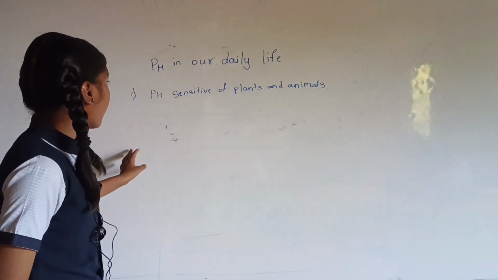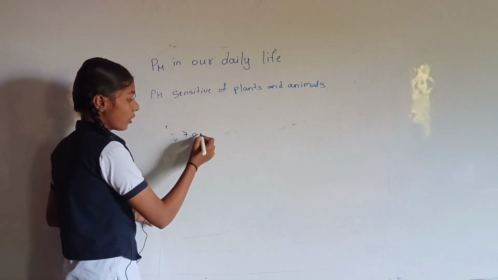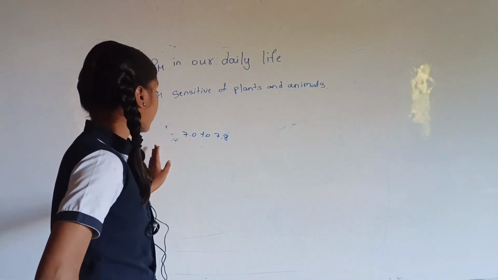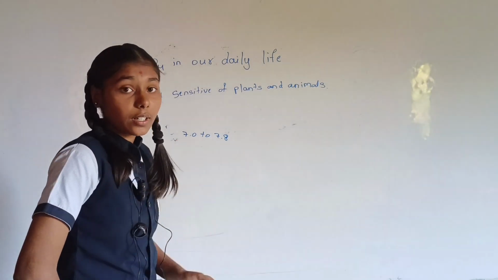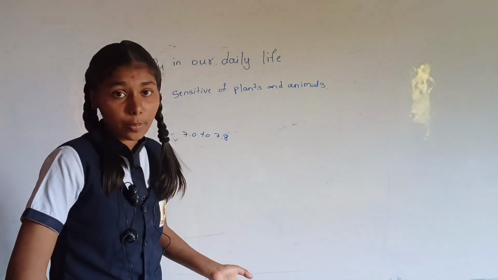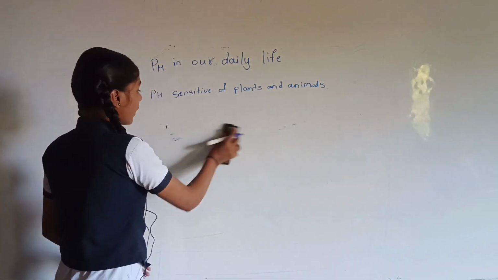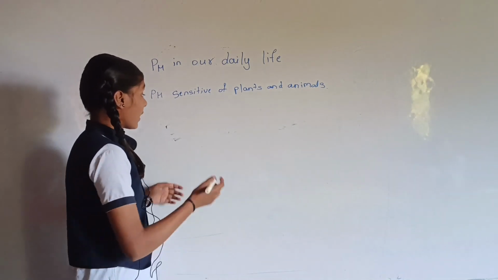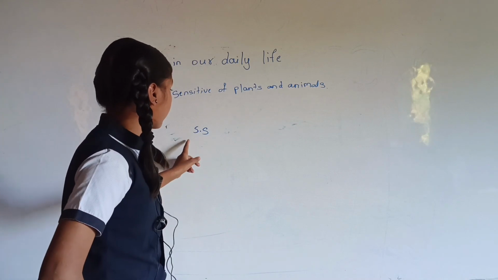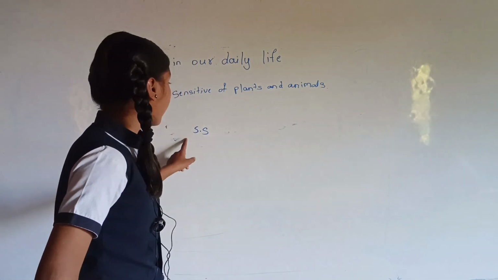Humans can live in a pH of 7.0 to 7.8, which is neutral. If the pH is less than 7, then humans do not survive. If the pH is above 7.8, then also humans will not survive. If the acid rain is 5.5, it can harm humans.